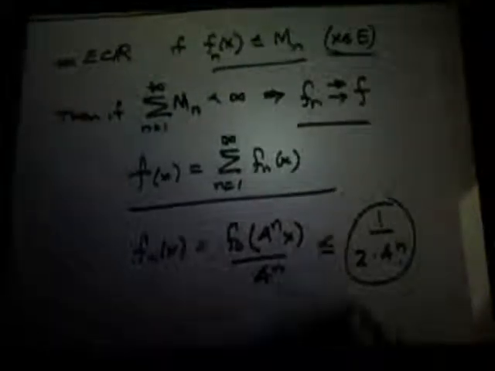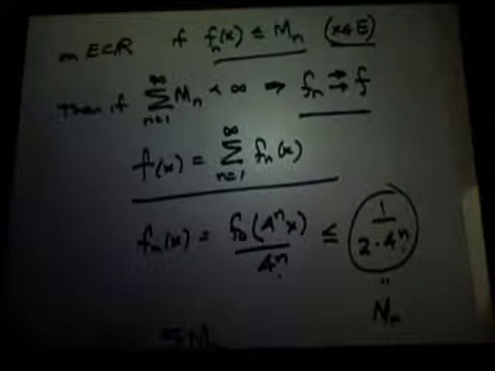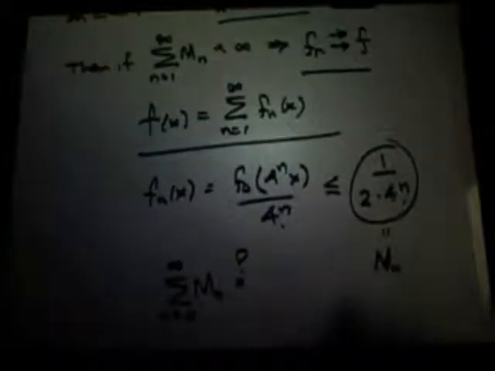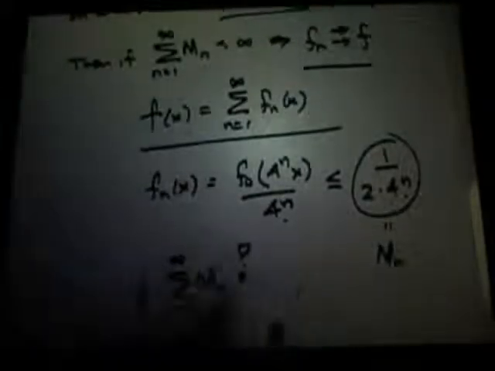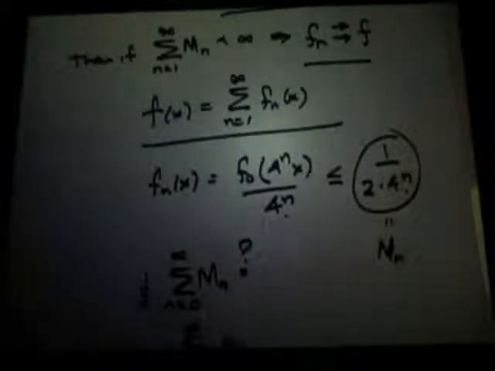So if I let that be the M sub n, what's the sum of the M_n's? And I better go from 0 to infinity. You can factor out the 1/2. It's in every term, and then I have 1/2 times the sum from n equals 0 to infinity of 4 to the minus n.